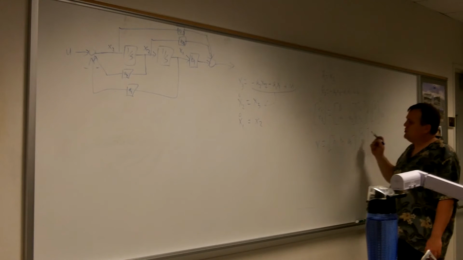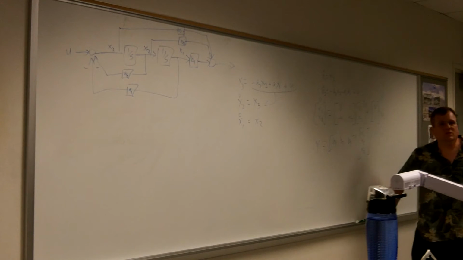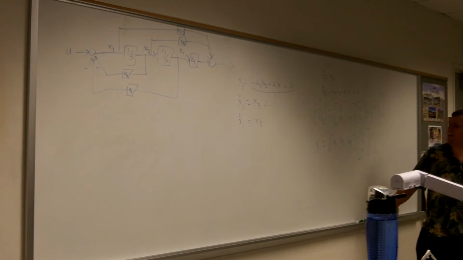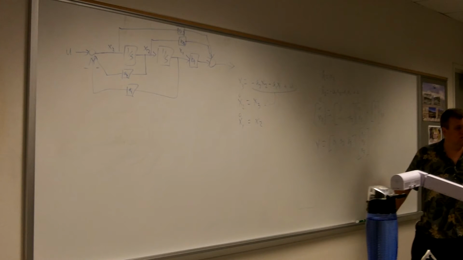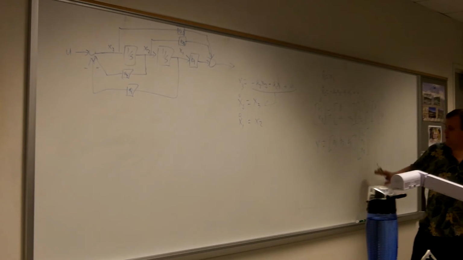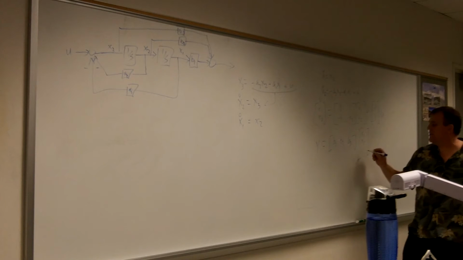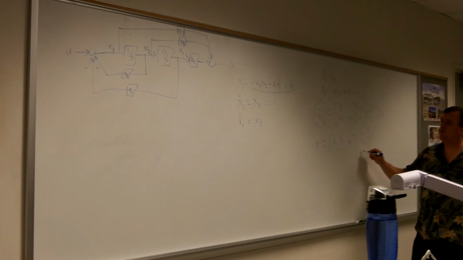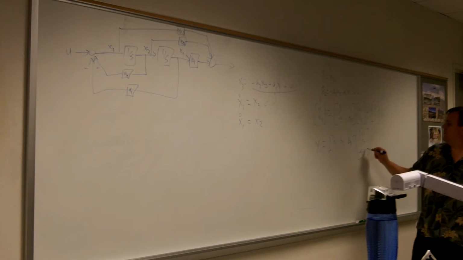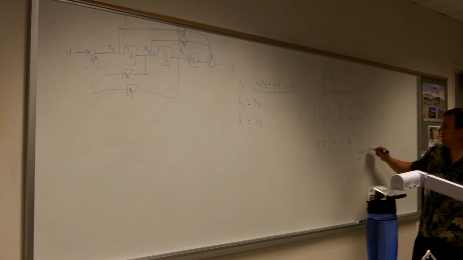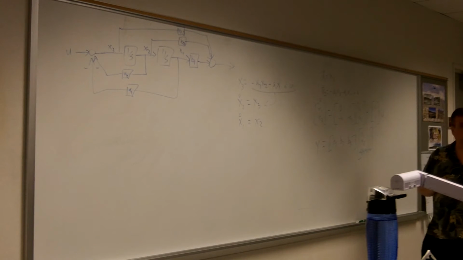Now, why don't I just leave this one as it stands? It's not the same dimensions. But I can note that x3 is exactly the same as minus a2 x2 minus a1 x1 plus u. Agree?